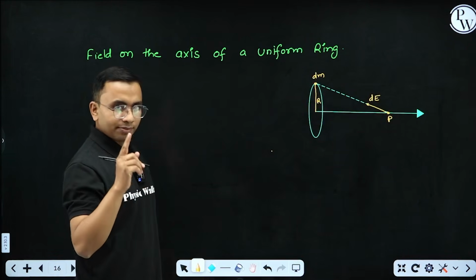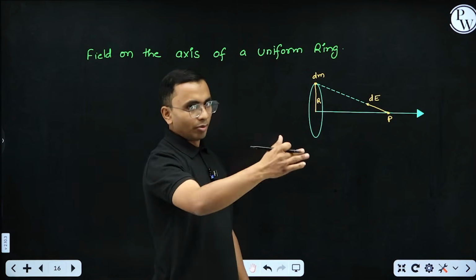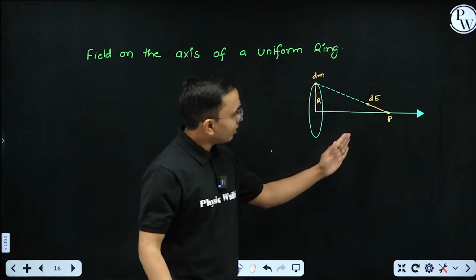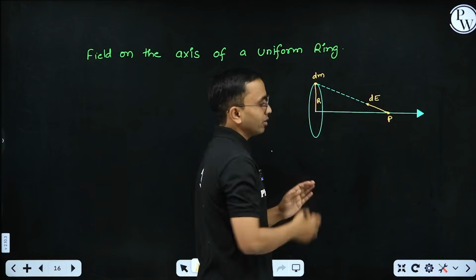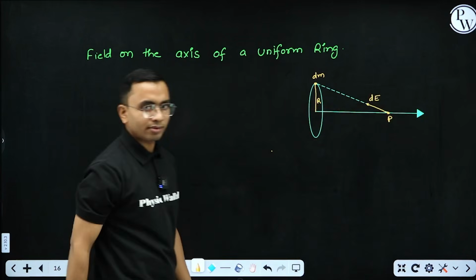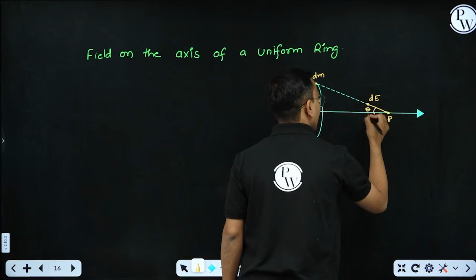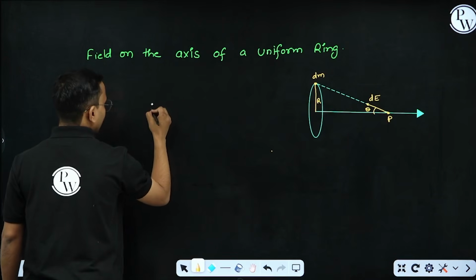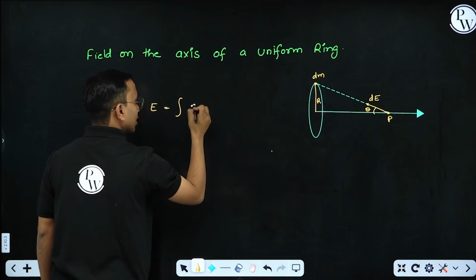The resultant of all the components will be along the x-axis only, because the vertical components will get cancelled when you consider the similar point mass on the other side. So I will just take the horizontal component and integrate that. If this angle is theta, then E is equal to the integration of dE cos theta.